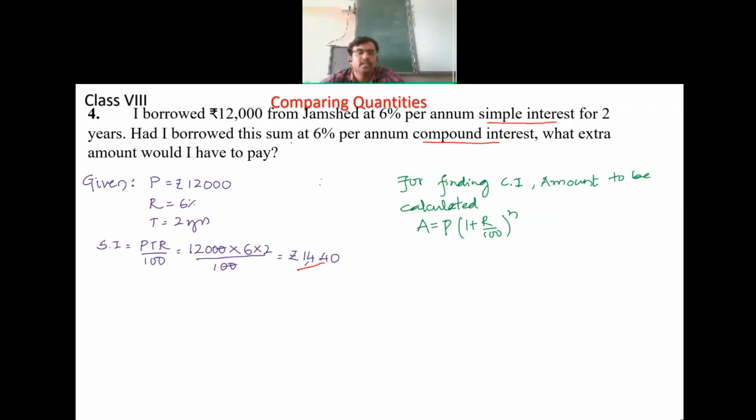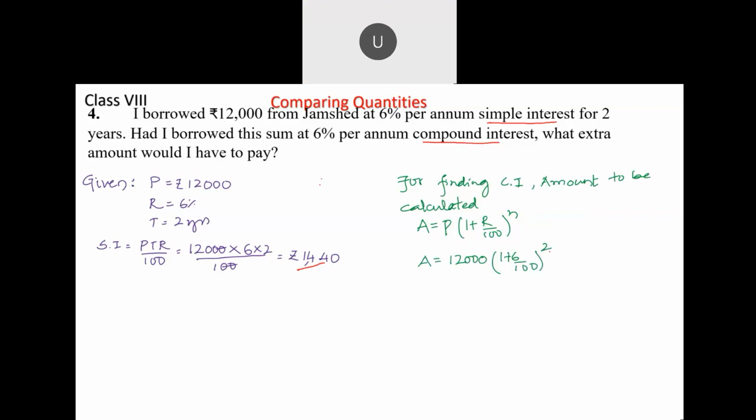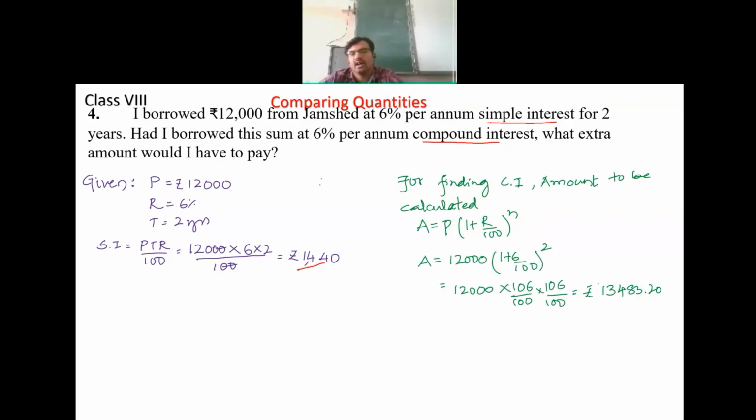Since it is compounded annually, it is per annum. So 6 should be taken in the place of R, 12,000 in the place of P, and n is 2. On substituting, we get 13,483.2. This is the amount.